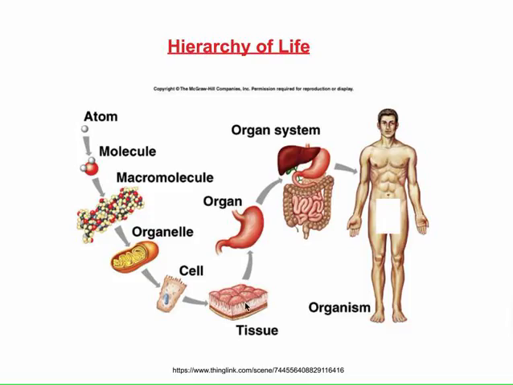The organs are made up of tissues, which are groups of cells that perform a specific function. And those tissues are made up of cells. The cell has organelles inside of it that perform specific functions. Those are made up of macromolecules. And along with that, there are macromolecules that also perform specific functions.